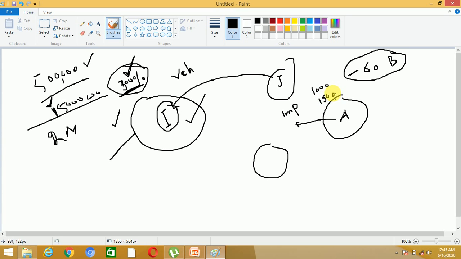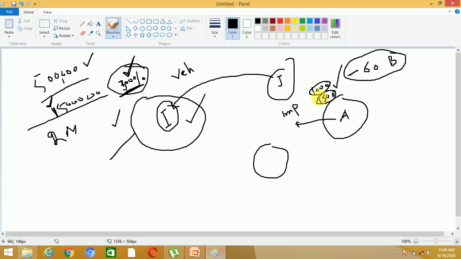So now it becomes $1,500. When it becomes $1,500, people will not purchase. People will purchase, but those whose income level is high; those whose income level is less will not purchase. So what will be the resulting effect of this?